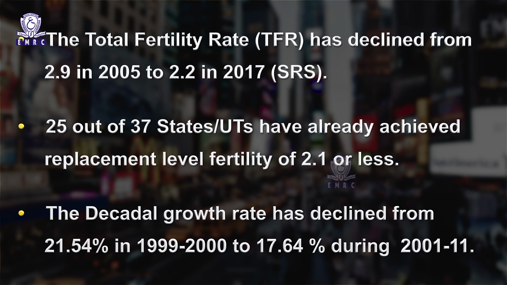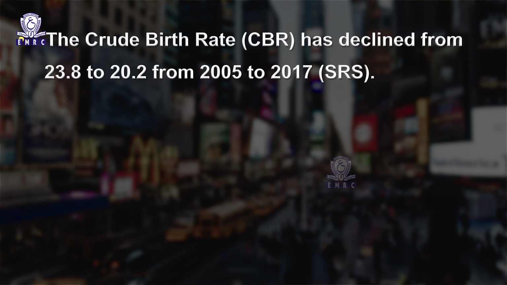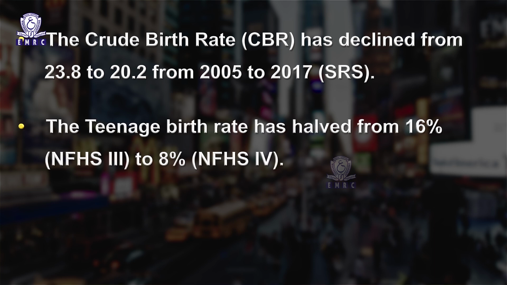The decadal growth rate has declined from 21.54% in 1999-2000 to 17.64% during 2001-2011. The crude birth rate, or the CBR, has declined from 23.8 to 20.2 from 2005 to 2017. The teenage birth rate has halved from 16% to 8%.